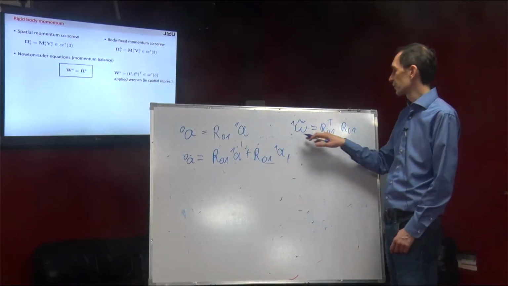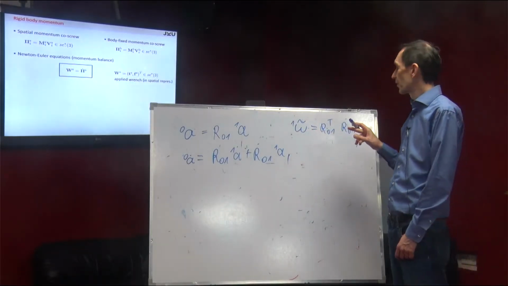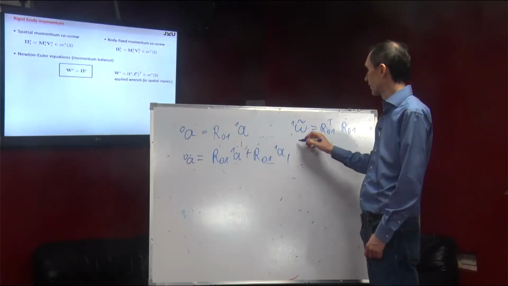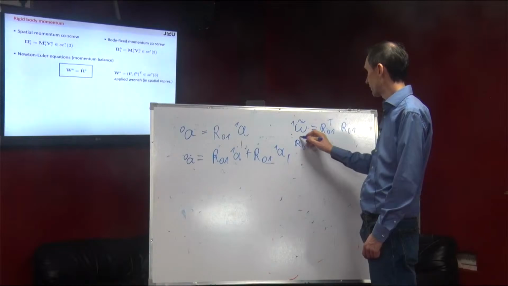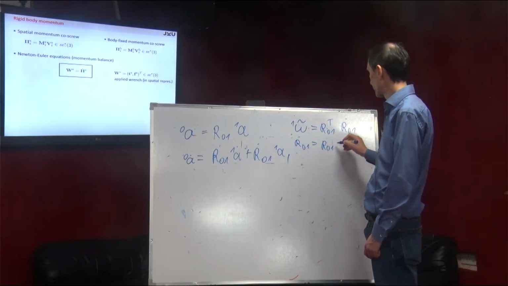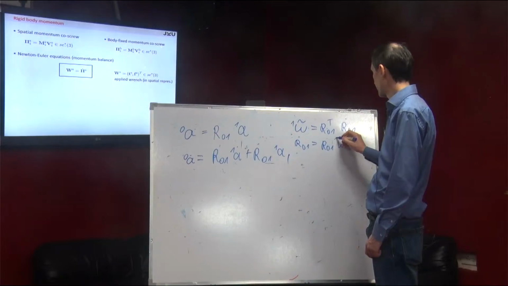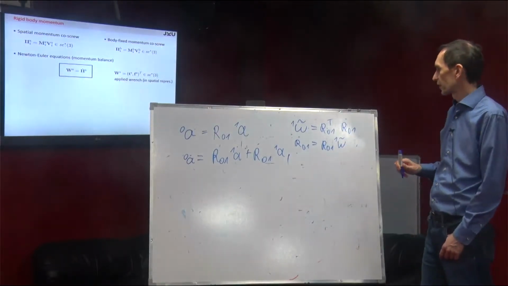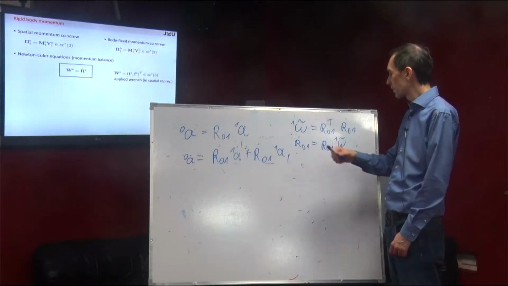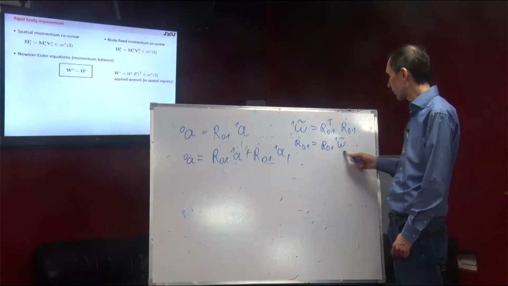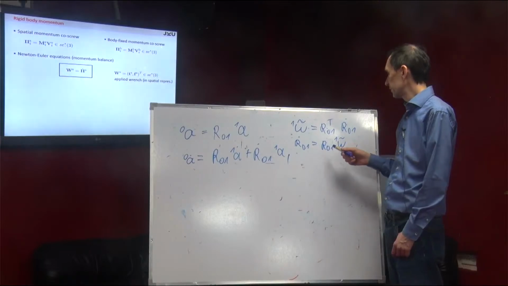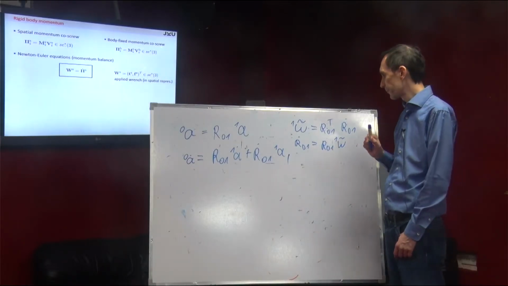That was the definition that we used, right? Which means that we can also say that R01 dot is equal to R01 omega tilde 1. So you can express the time derivative of the rotation matrix in terms of the angular velocity, the body fixed version in the moving frame 1, and the rotation matrix itself.